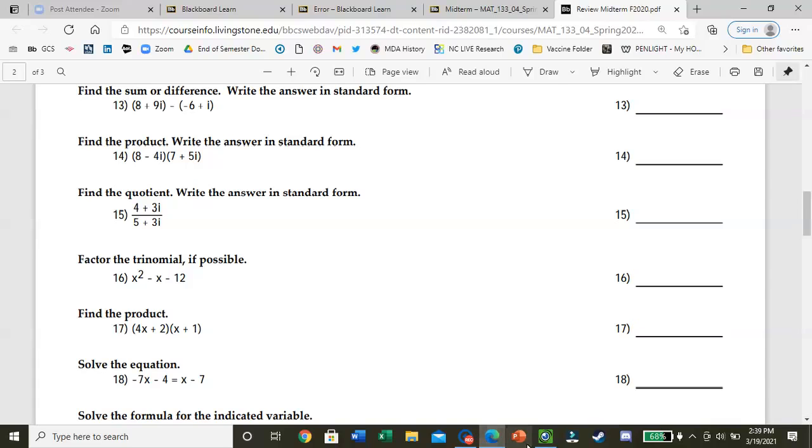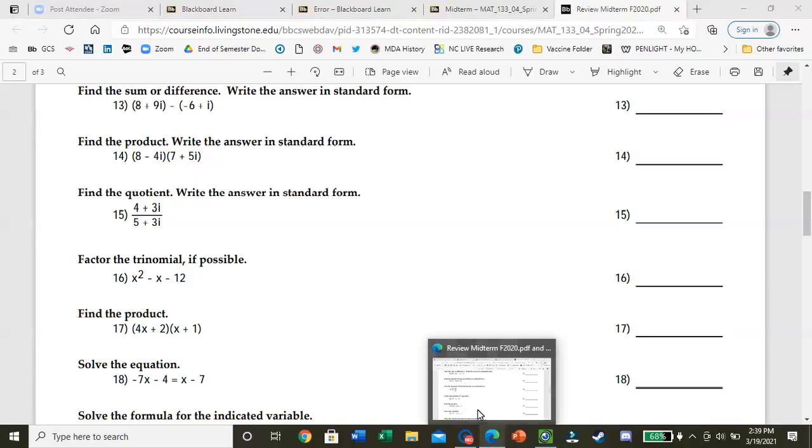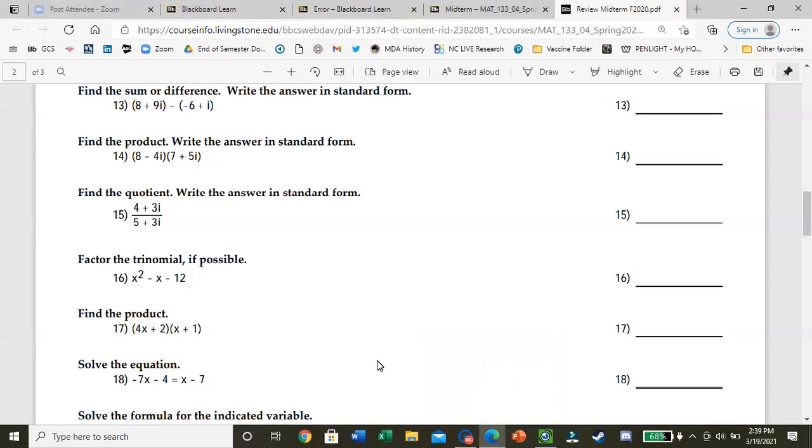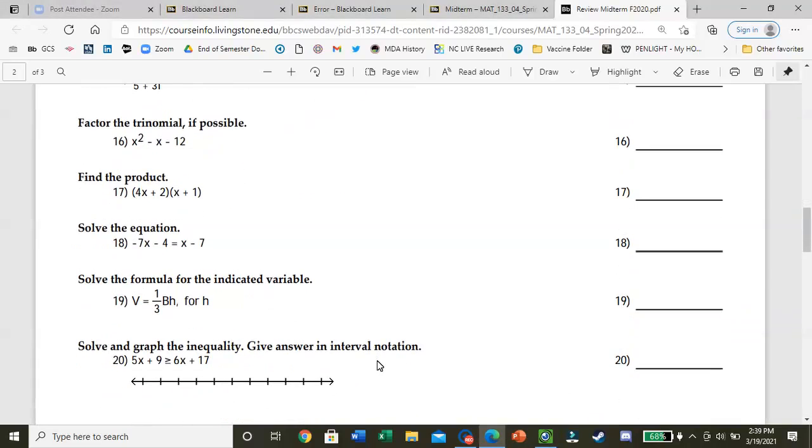So with this one, you just got to be careful and just take your time with it. All right. Okay. So we are good there. 15. We're done with that. Number 16. Factoring. Everybody likes factoring, right? No. Okay.